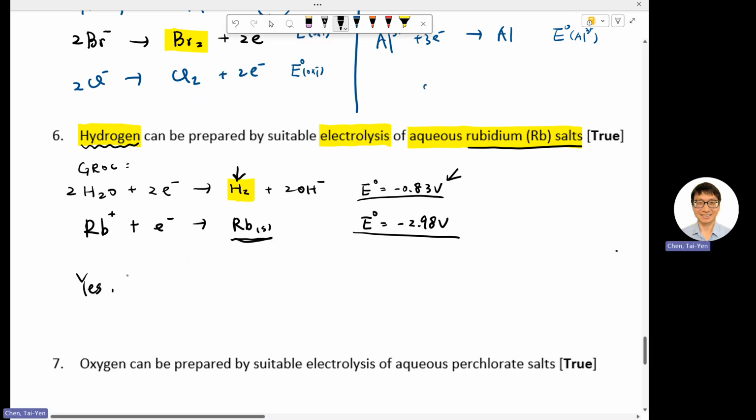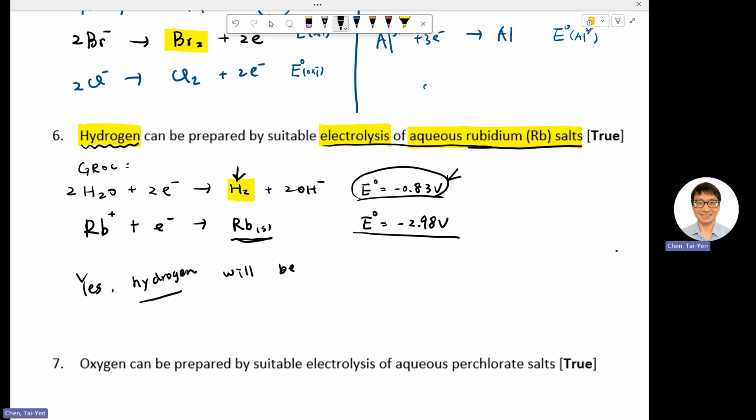Since the hydrogen can be produced at a lower voltage, the hydrogen will be produced. This is how you solve question number 6.